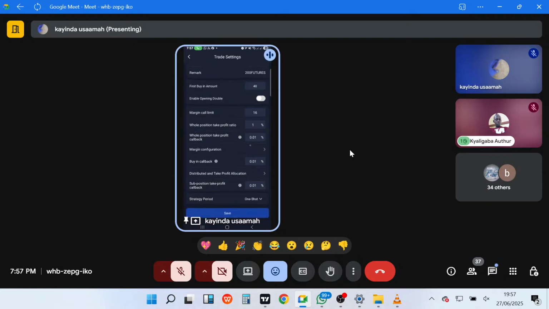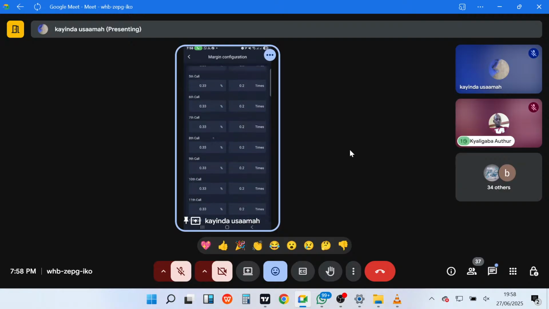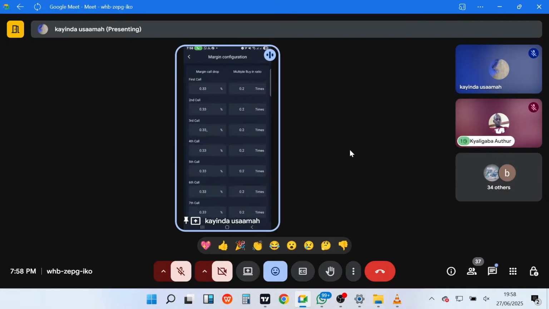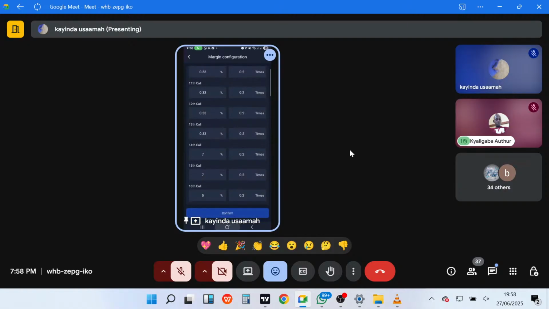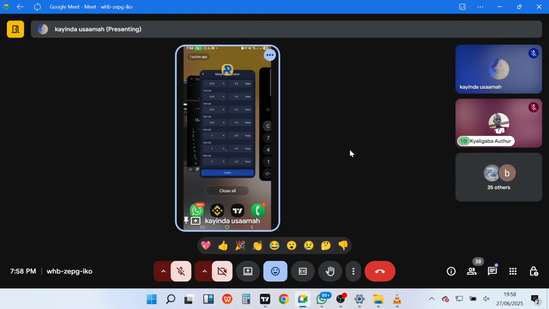Okay. Margin configuration. Now the drop here is 0.3. It is very, very fast. Okay. 0.3, 0.3 up to the 13th margin call. 0.3 times 13 is 4.2%. When the market goes down 4.2%, it has already bought the 13 margin calls.